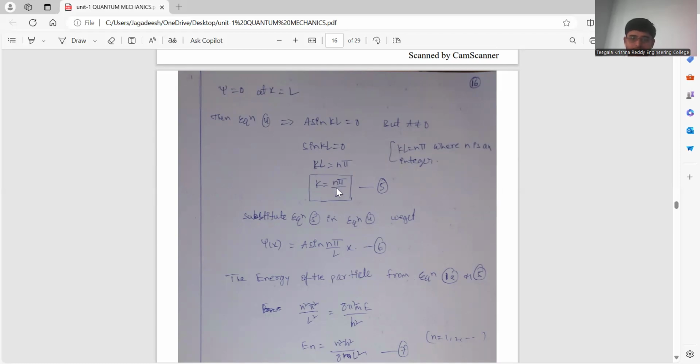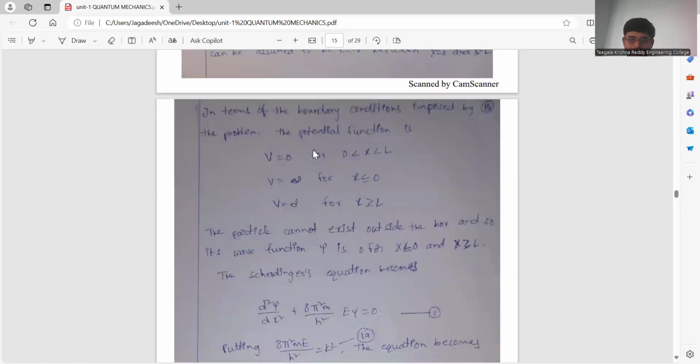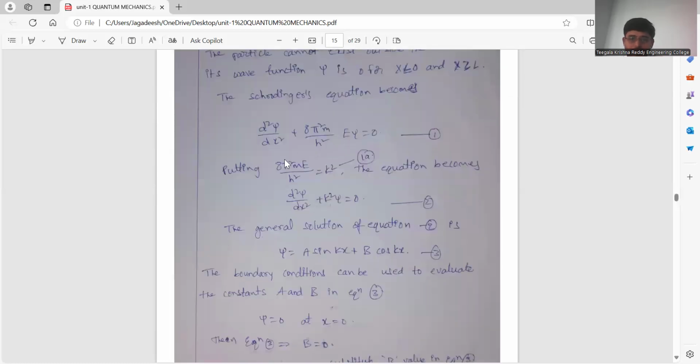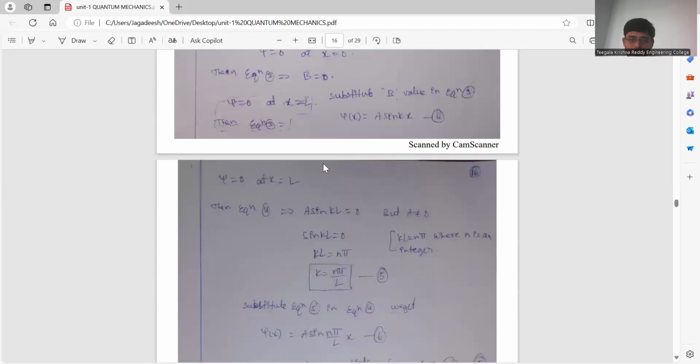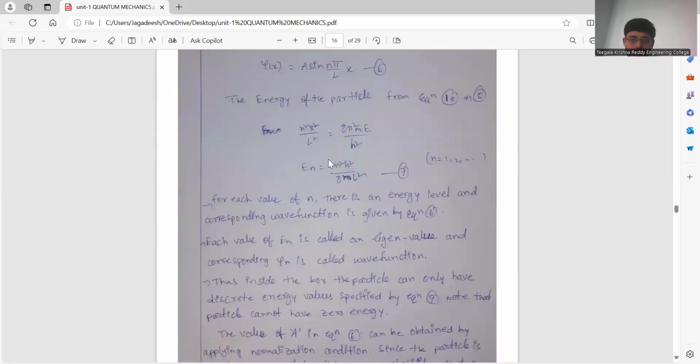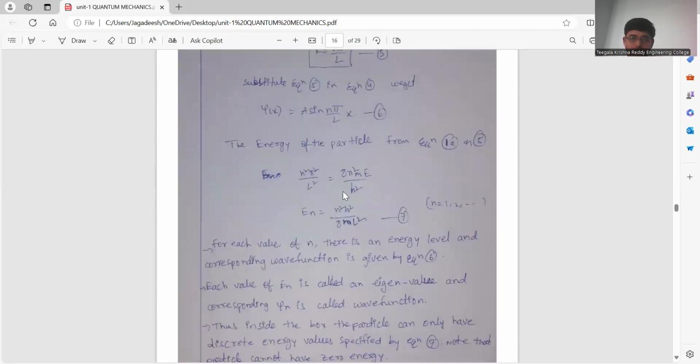From equation 5 in this and 1a, we get that in this box n²π²/L² equal to 8π²mE/h². That is En equal to n²h²/8mL². That is the energy level. That is the energy values of the waves.